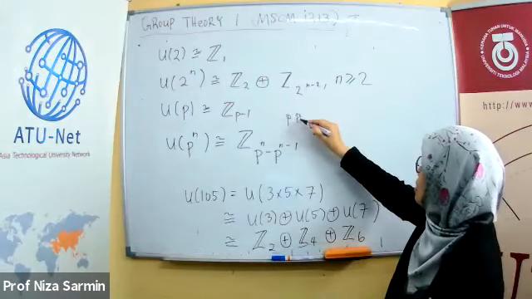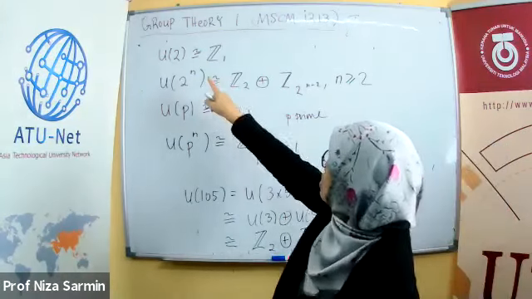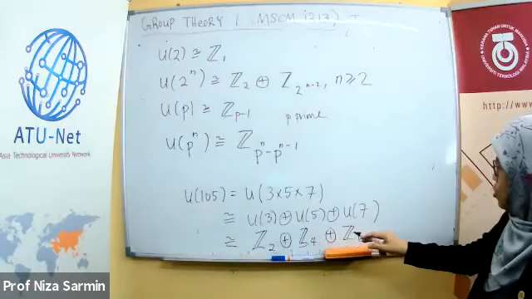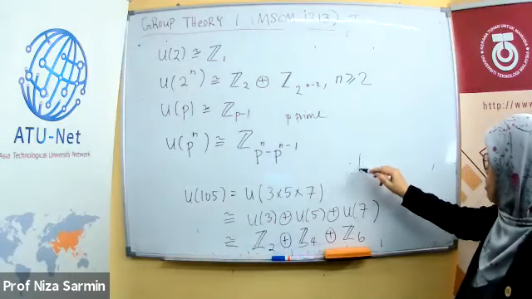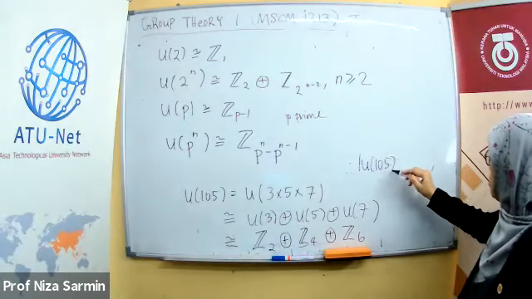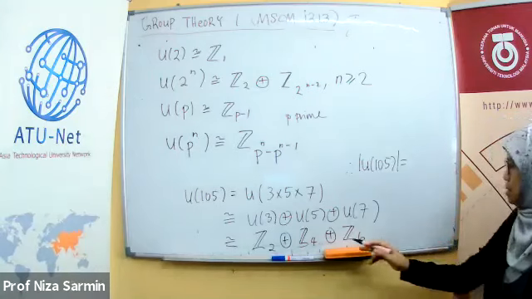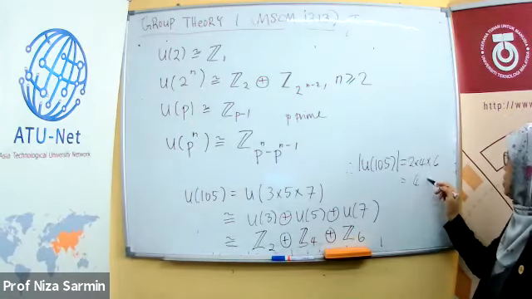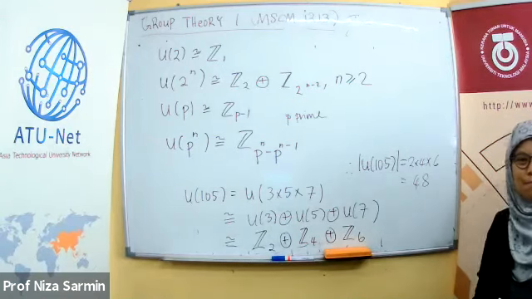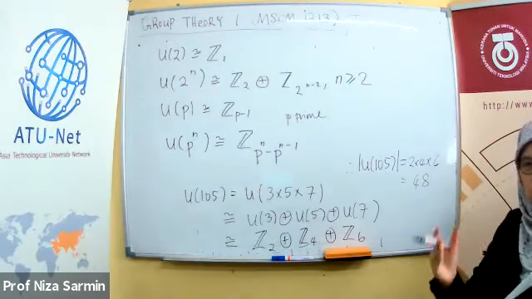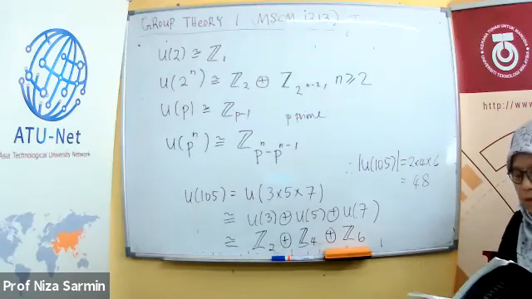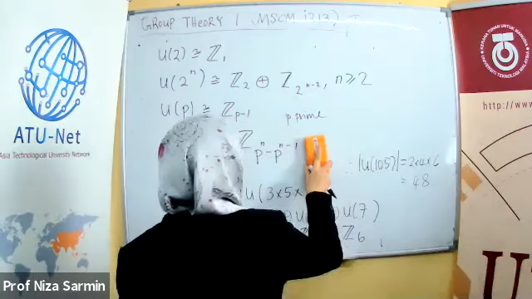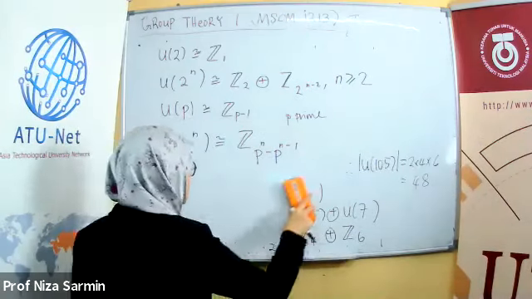I just put p prime then. So then from here you know this, right? 2 times 4 times 6, 48. So you don't have to list all the elements. Now, last one.